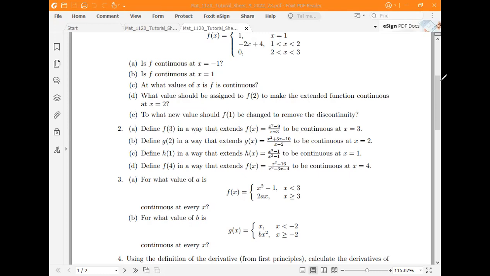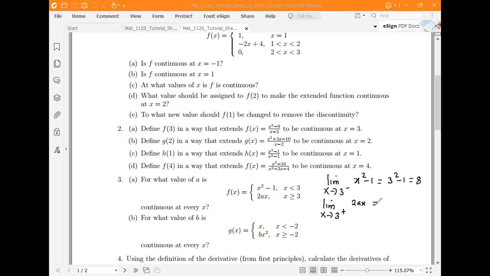So you can actually find the value of a by getting the limit as x approaches 3 from left. You use this one. Remember x less than 3, so you have 3 squared minus 1, which is equal to 8. The limit as x approaches 3 from right will be 2ax.